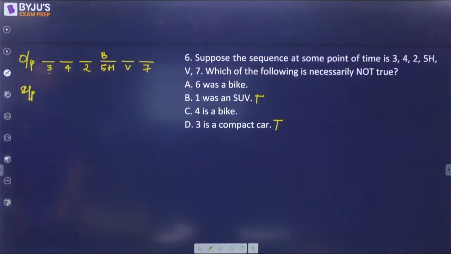Now between 6 and 4, 4 is not 4H, but this is rather, it's a bike. Six was a bike.